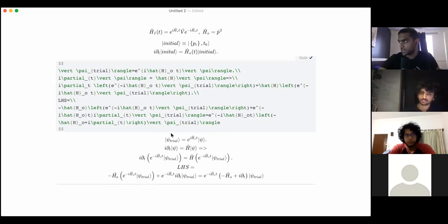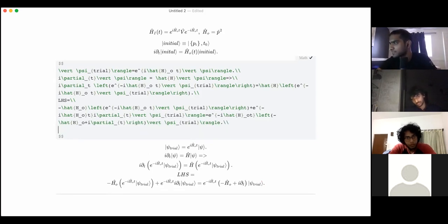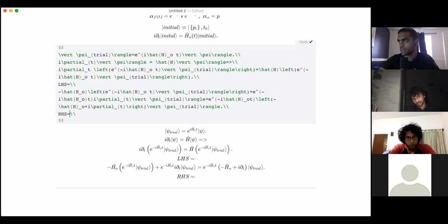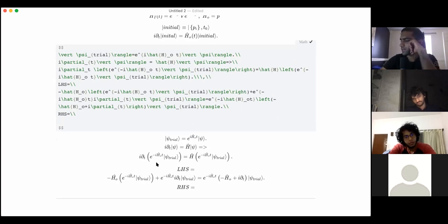And the right hand side, let's also write the right hand side. How will we write down the right hand side? What do we want to do? Is the RHS just going to be the way it is, or do we want to manipulate it somehow? Let me add some more space here.